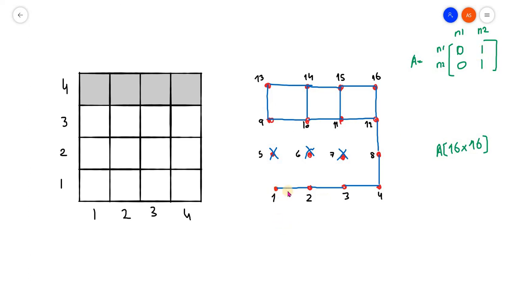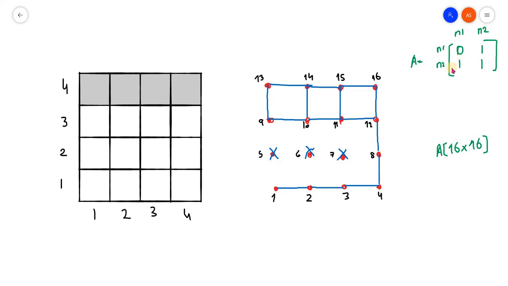So here you see n1 and n2 are connected by an edge, so we put here 1. But n1 and n1 are not connected, so we put here 0. Similarly, n2 and n1 are connected, so it should be 1. It depends upon you if you want to make a directional graph or unidirectional graph. If you want to make it a unidirectional graph, then you have to also put 1 here.